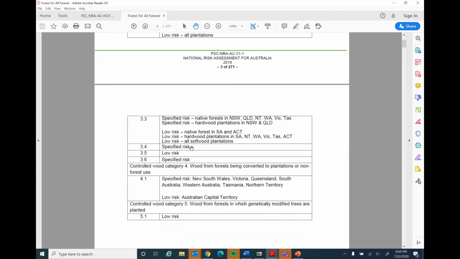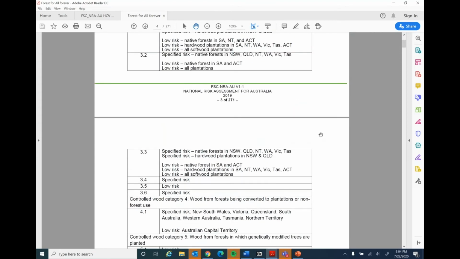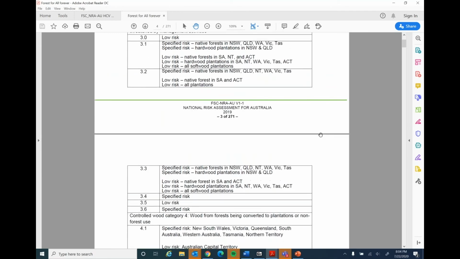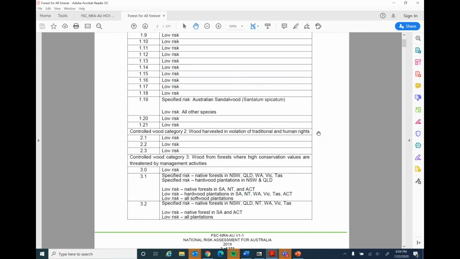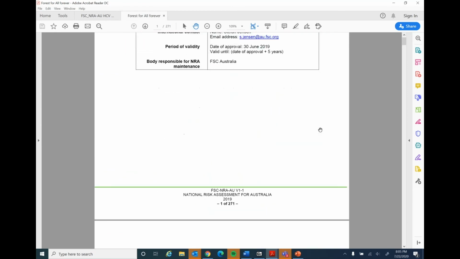And then the specified risk in 3.4 and 3.6, and low risk in 3.5. You have specified risk in 4.1, and then low risk again in 5. So I think that adds up to 4 or 5 specified risks you have to mitigate if you're sourcing from Queensland.